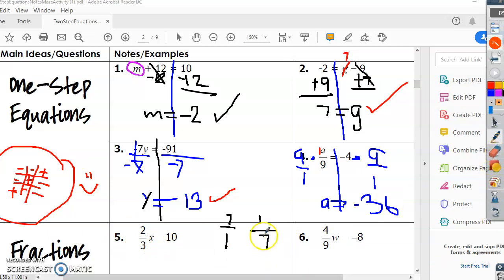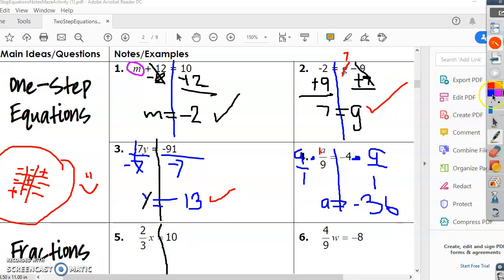Let's do one more. We're going to finish off with number 5, just to review. So I'm going to remove this 2/3. First, let me begin by dividing.